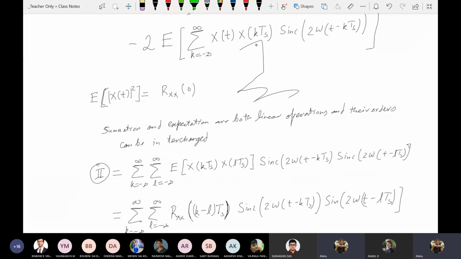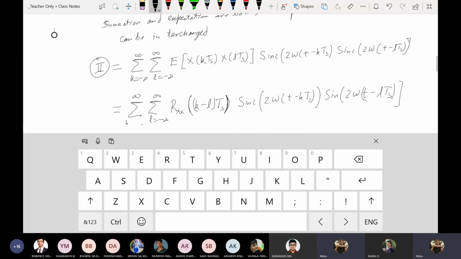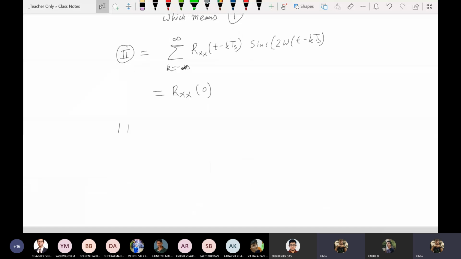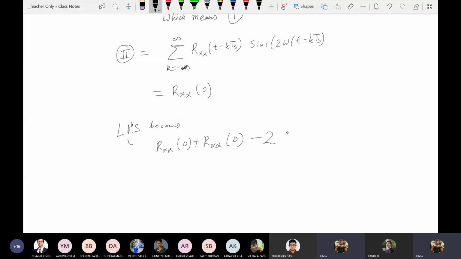Okay, the pen has started working. Fine. So again, what we get is that the LHS becomes Rxx(0) plus Rxx(0) minus 2 Rxx(0) equal to 0.